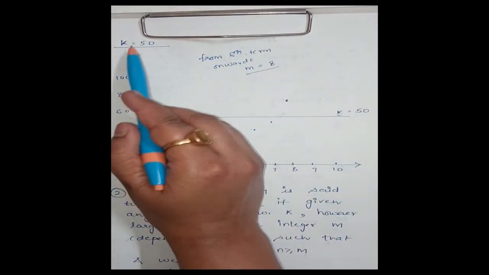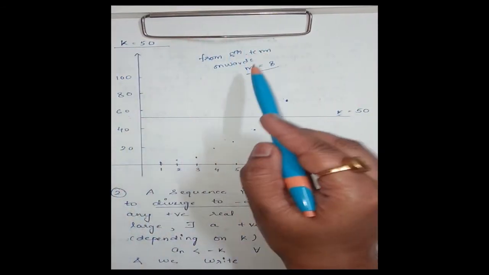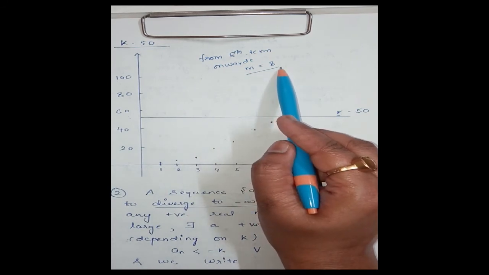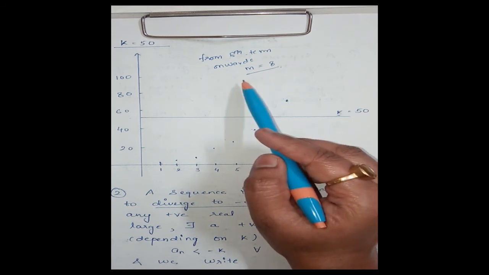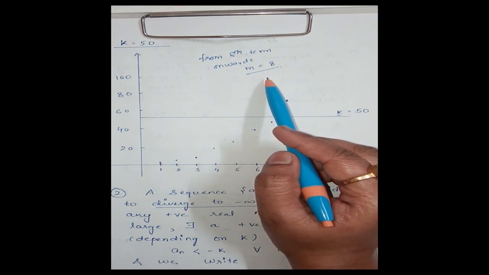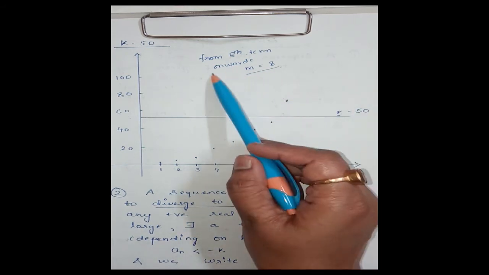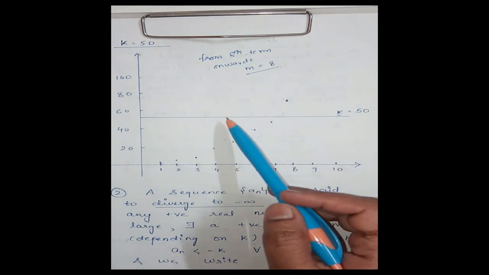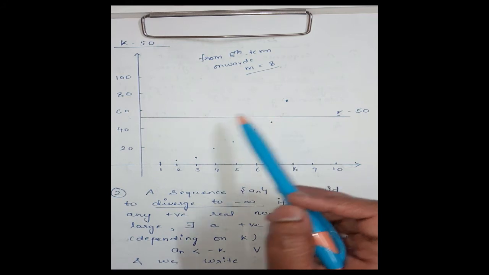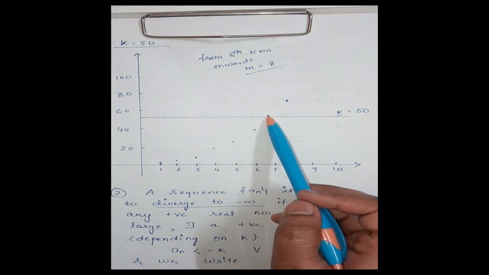When we have taken k equal to 50, then m will be 8, and when we had taken k equal to 10, m was 4. So this m depends on k. Clear? From the 8th term onwards, we have an is greater than k. This is the definition of diverges to plus infinity.